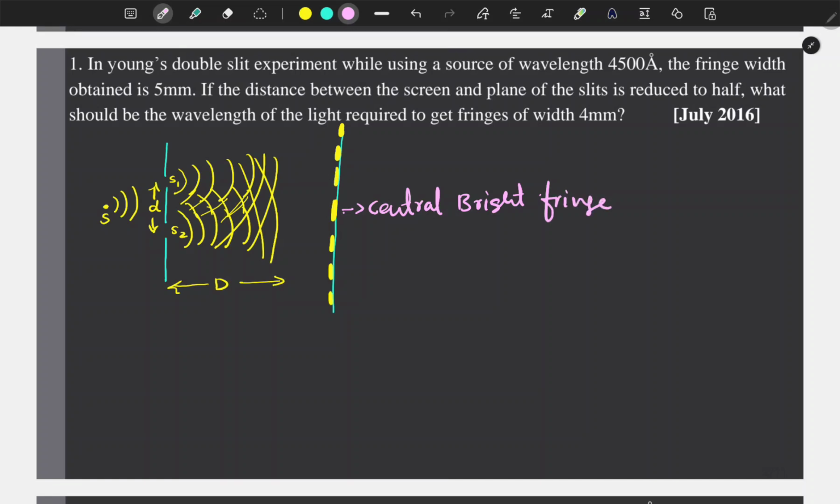The distance between two consecutive bright fringes or dark fringes will give you the fringe width. So the formula for fringe width here is given by beta is equal to lambda D by small d. So based on this experiment we have a numerical here. To solve that I am going to erase this diagram.